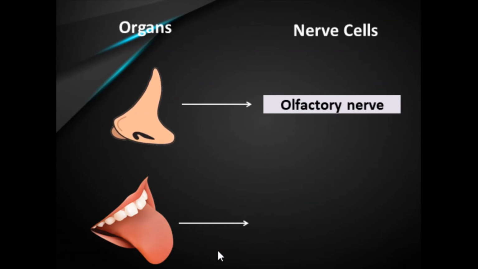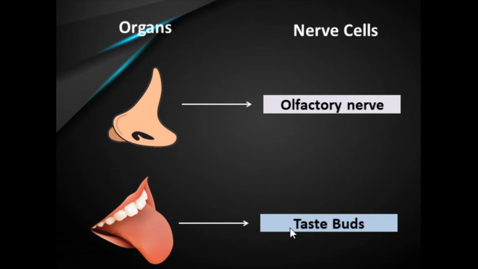And that's because of our taste buds or the taste receptors. We are able to taste the 5 common tastes with the help of our taste buds, which bring the impulses to the brain.